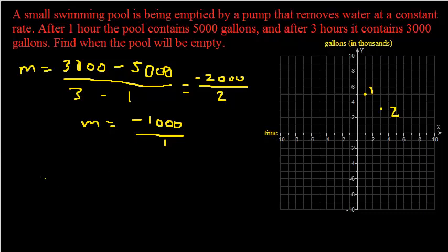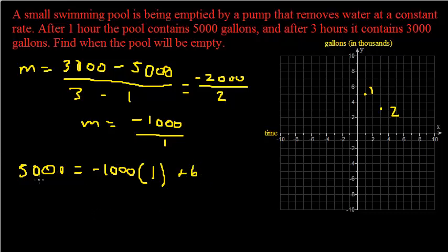We have our points. We can go ahead and pick one. Let's go ahead and pick point 1. So we have our y, let's say 5,000 gallons, is equal to our slope, negative 1,000, times our hours at that point, 1, plus b, where b again is our y-intercept.